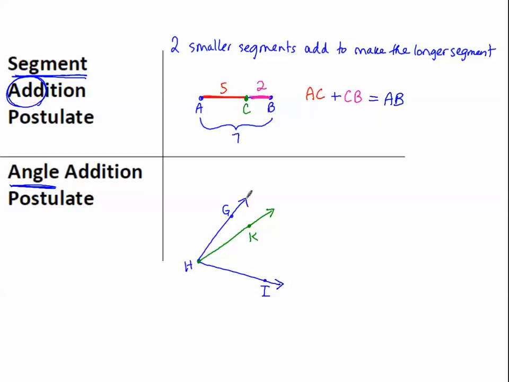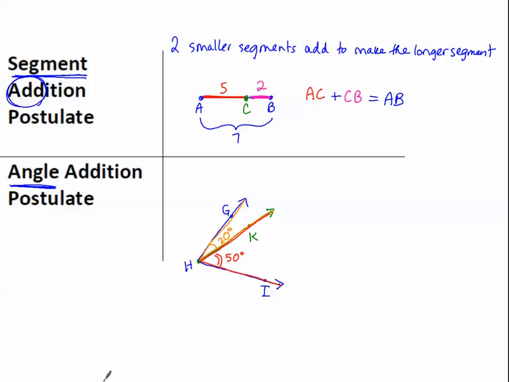We have this little angle right here, GHK, this one that might be 20 degrees, and then we have the little angle next to it, KHI, this angle right here that's obviously in my picture not 20 degrees, maybe it's about 50 degrees.